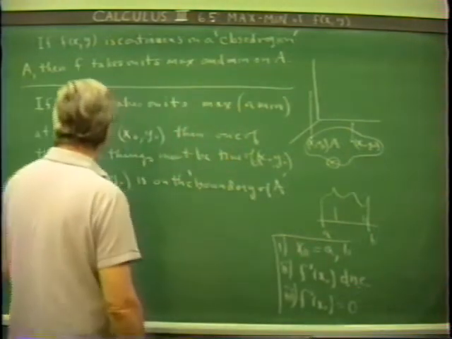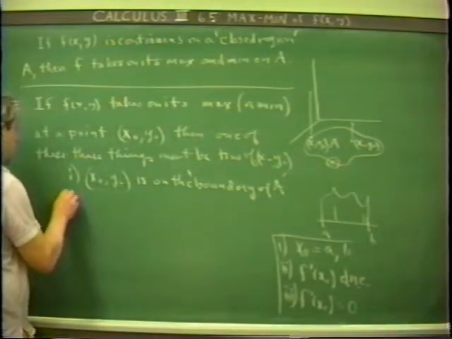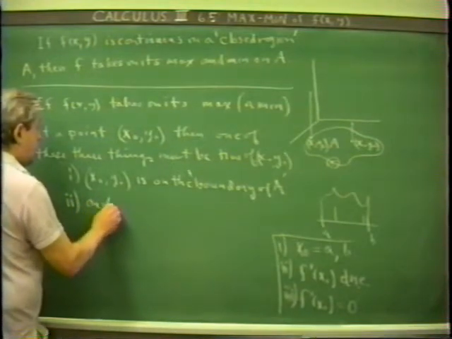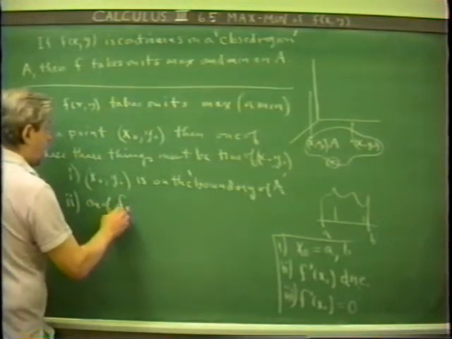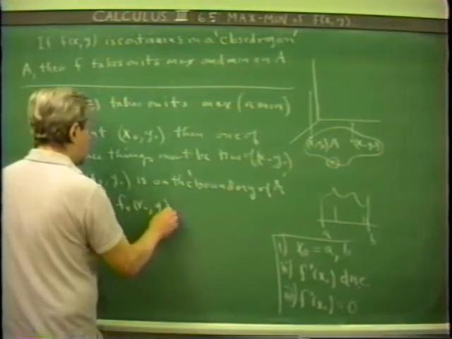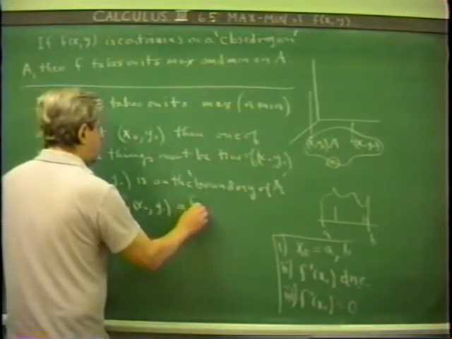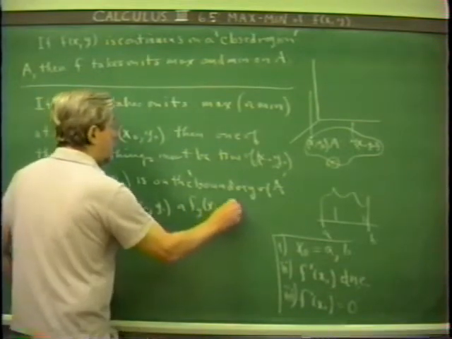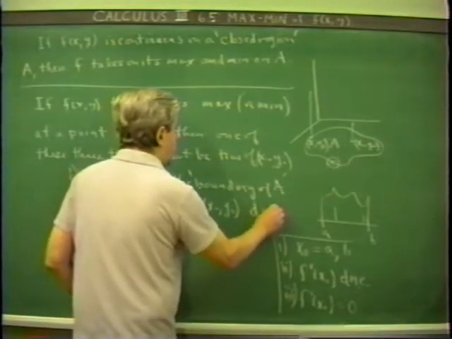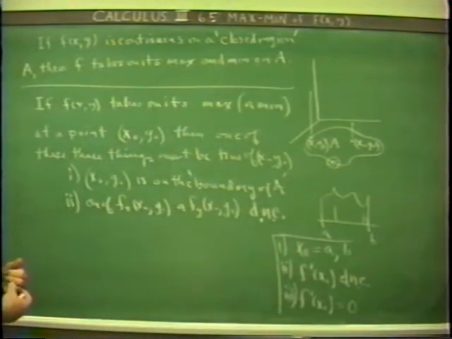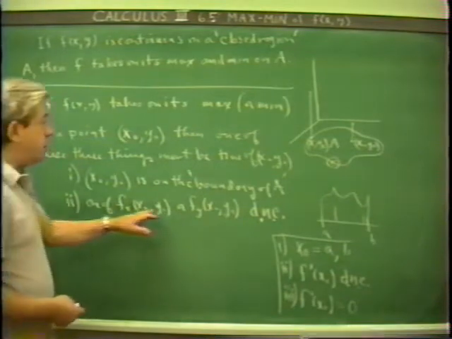That's the analog to taking on its maximum on one of the two endpoints. Second possibility is that the partial with respect to x at the point, or the partial with respect to y at the point, does not exist. Again, DNE for does not exist.